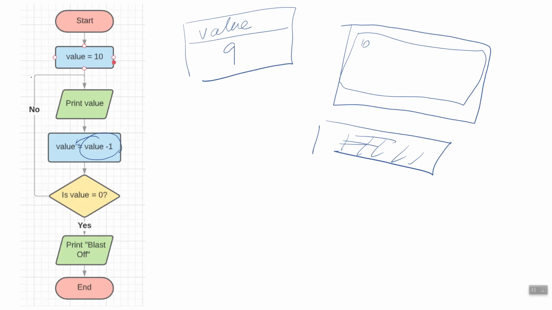So let's go round, back up, and now we print the value again. So we go back to our monitor and we print the number 9. So we keep going around. Print value. Value equals value minus 1. So now we've got to subtract another 1 from here. So we change that to be 8. Is the value 0? No, go round, print the value, and so on.